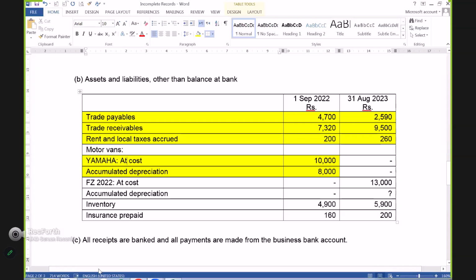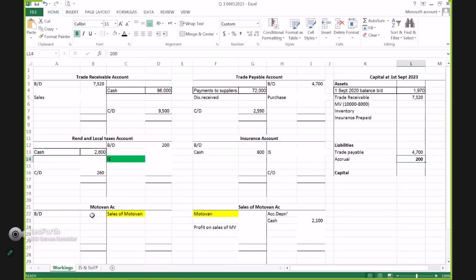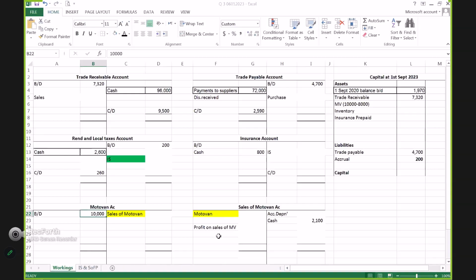So the first one is the cost, therefore 10,000, accumulated depreciation 8,000. So when you are calculating the motor van as an asset in the opening, 10,000 minus 8,000 accumulated depreciation, 2,000 net book value for the calculation of the capital.